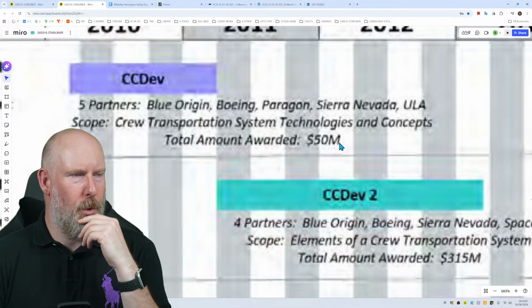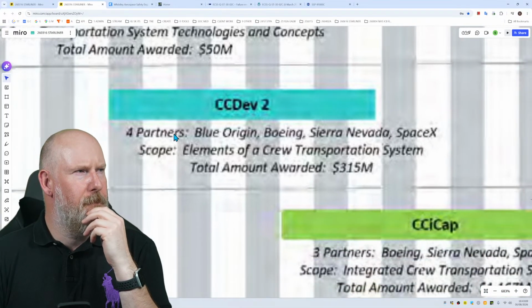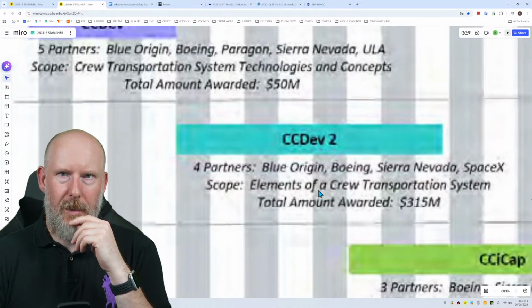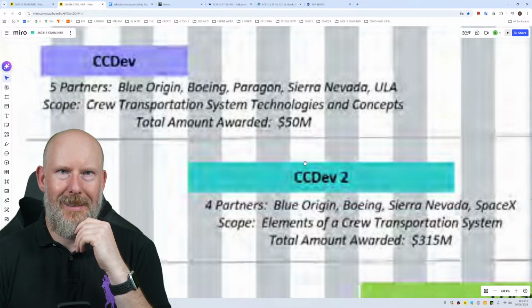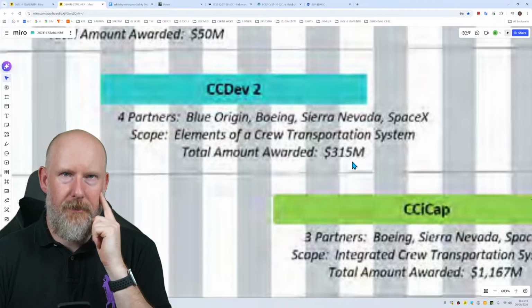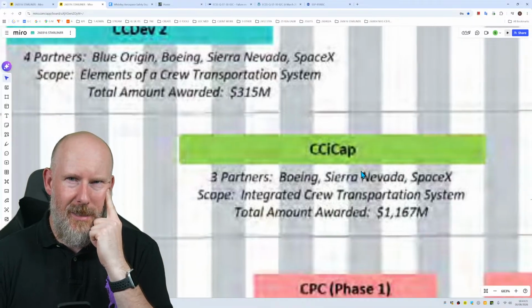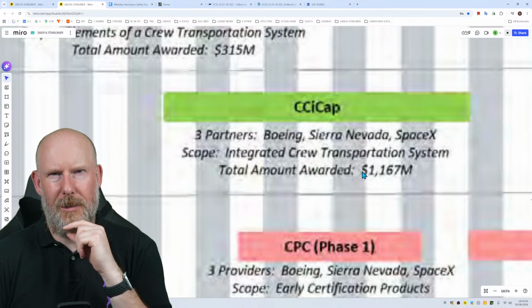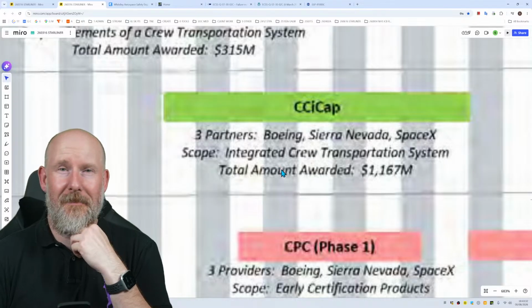Total amount awarded 50 mil. CCDev 2, 4 partners, Blue Origin, Boeing, Sierra Nevada, and SpaceX. Elements of crew transportation system, so that was 315 mil. And then CCiCap, 3 partners, Boeing, Sierra Nevada, SpaceX, integrated crew transportation system. Total amount, 1,167,000,000. So that's quite a lot.